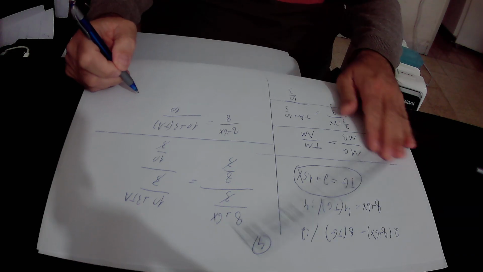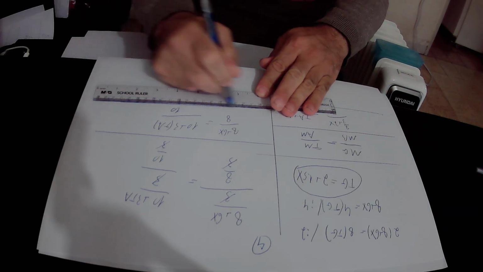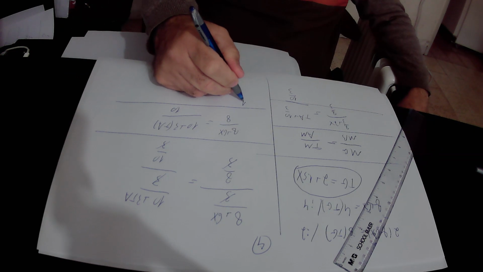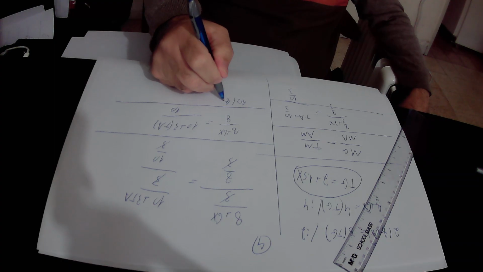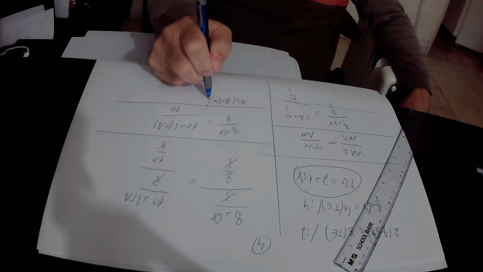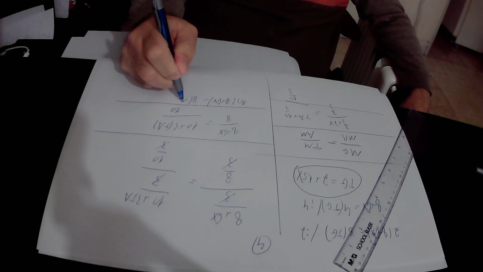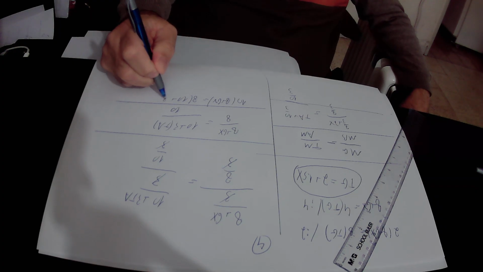Here we'll cross multiply this equation and finally we get that 10 times 8 plus 6x equals 8 times 10 plus 3TA.